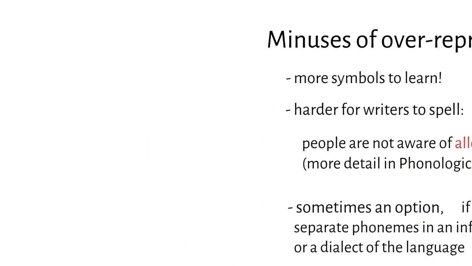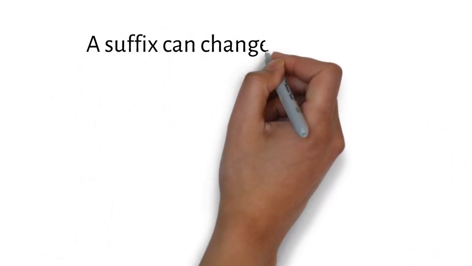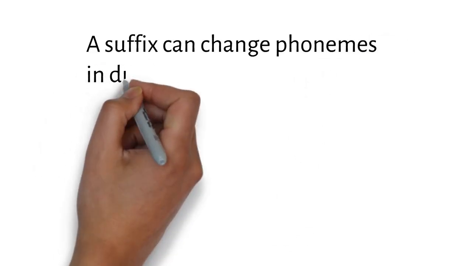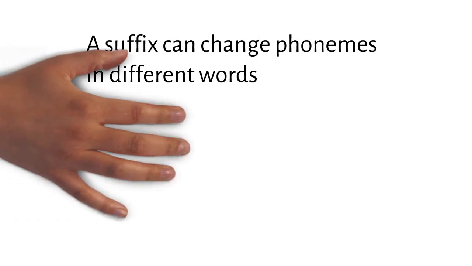I have one more question. Sometimes a suffix can change from one phoneme to another in different words, but it is still the same suffix. Do we keep a consistent spelling or change it?